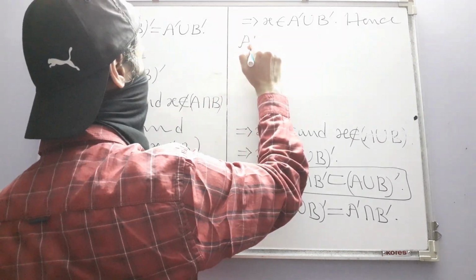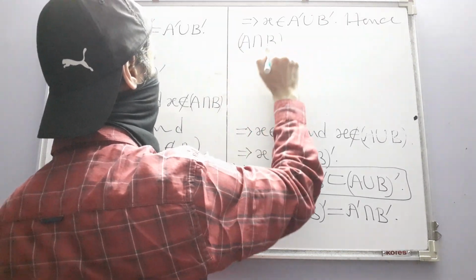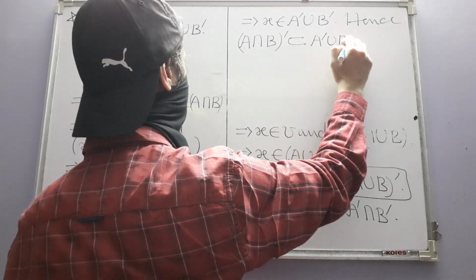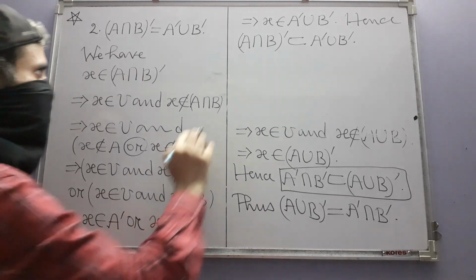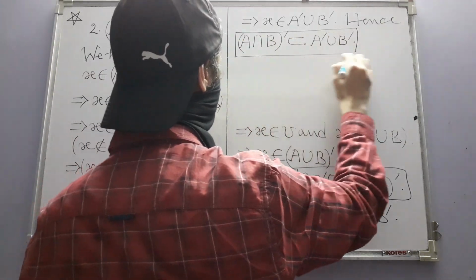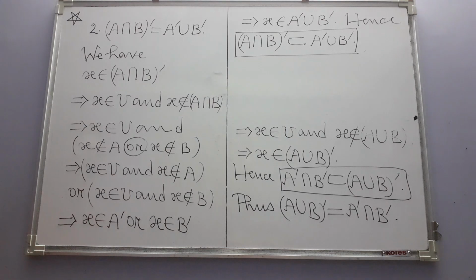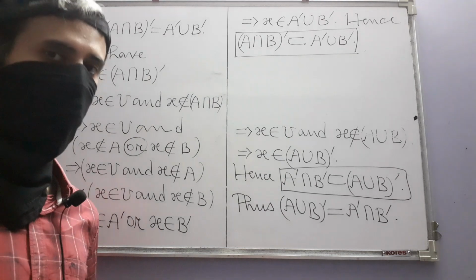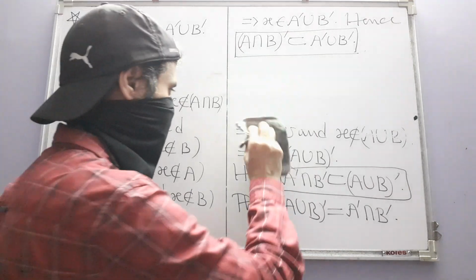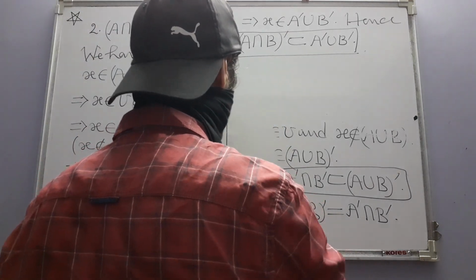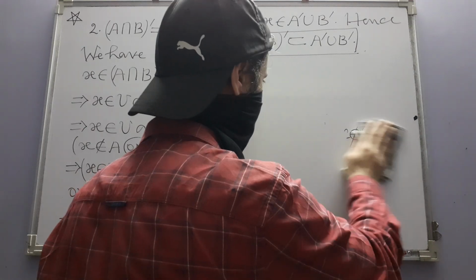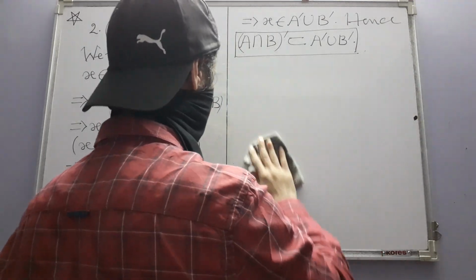So A intersection B complement is a subset of A complement union B complement. The reverse inclusion is left to you, and so you are urged to complete the proof of the second De Morgan law. There is strictly no first, no second. One of them is this.